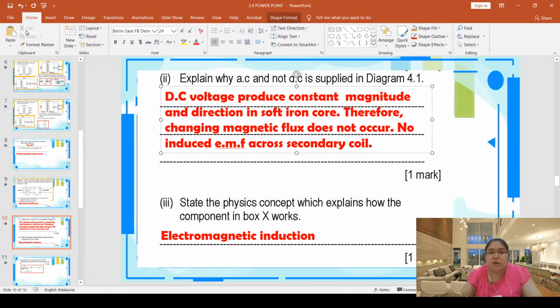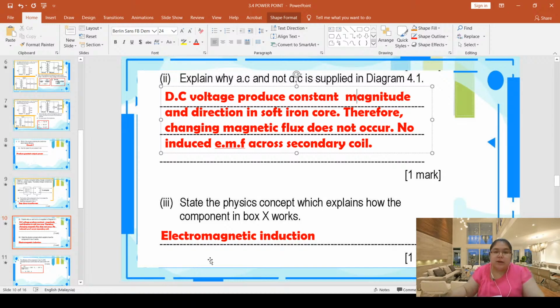So it produces a constant magnitude and direction in the soft iron core. Therefore, changing magnetic flux does not happen. If you don't have any changing magnetic flux, it means you cannot have the induced EMF across the secondary coil. So this is the reason why we use AC and don't want to use DC.